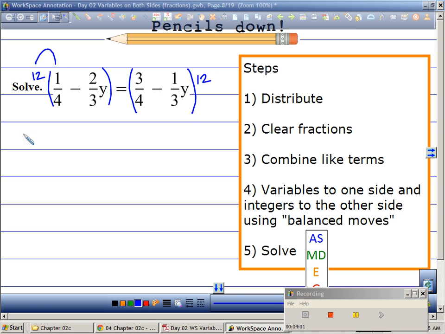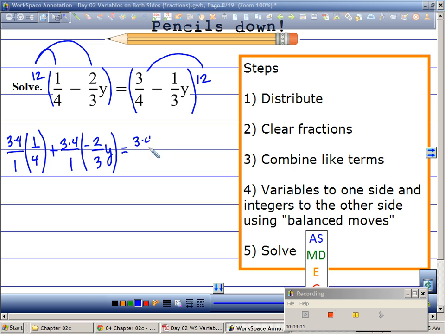So when I multiply 12 times 1/4, I better break up 12 so that I can cancel. Multiply this by 12, I get negative 2/3 y equals 3 times 4 over 1 times 3/4 and 3 times 4 over 1 times negative 1/3 y.